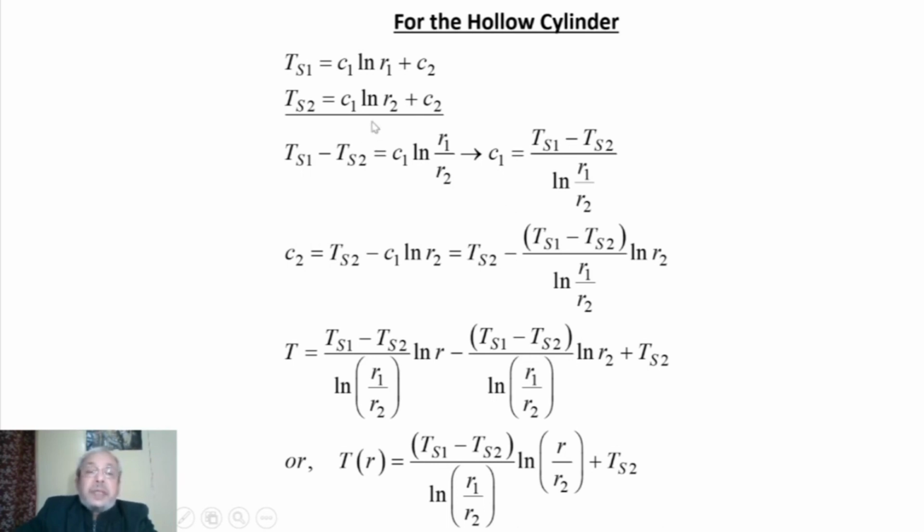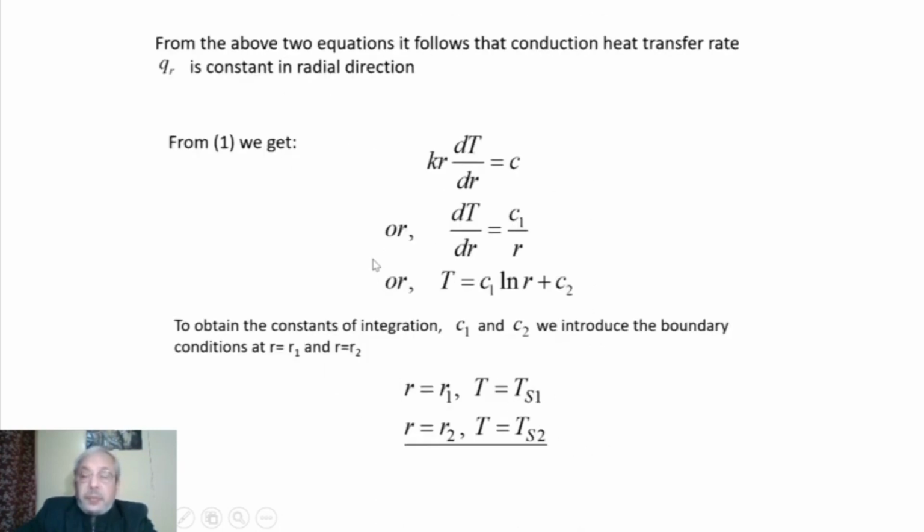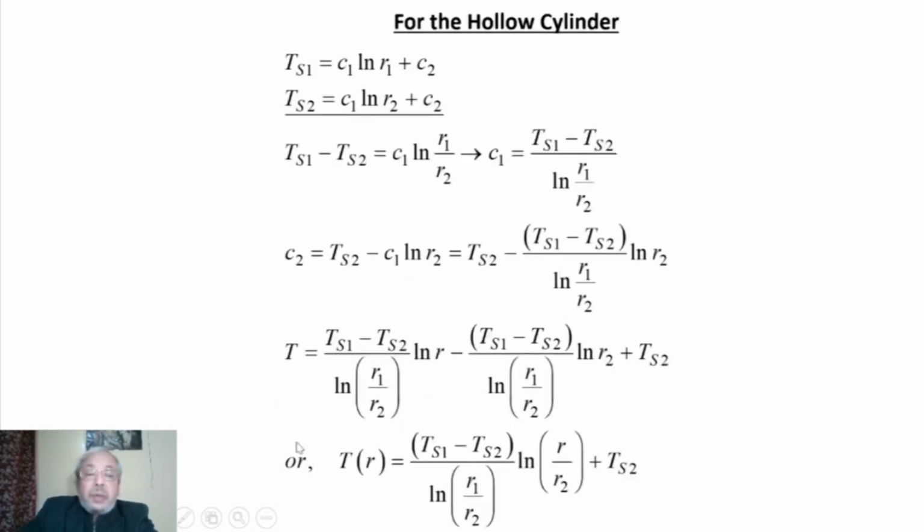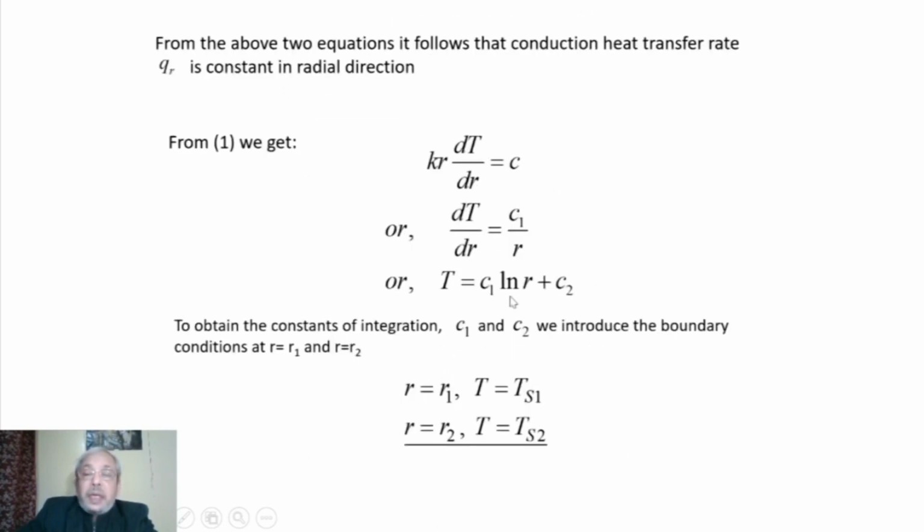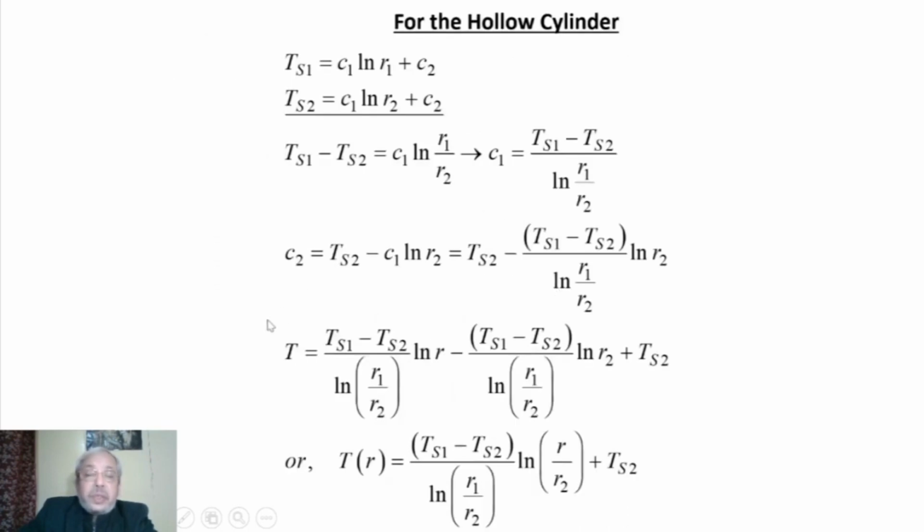So if we now substitute in our expression, that is T equal to C1 ln r plus C2, C1 is this whole quantity, plus C2.